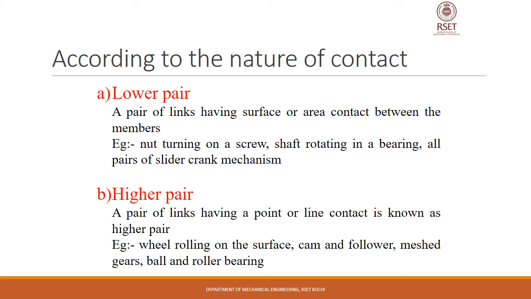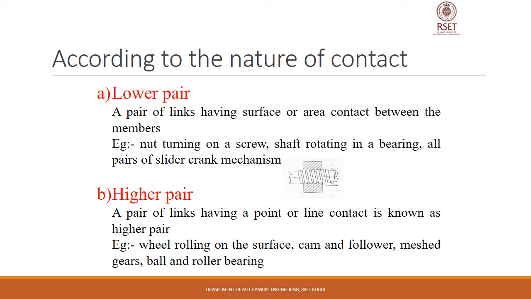The contact region is actually an area, so such a kinematic pair is a lower pair. As shown in the figure, nut and screw have an area type of contact. Also, a shaft which is rotating in its bearing has an area contact. That is another kinematic pair having an area contact, so it is also an example of a lower pair.